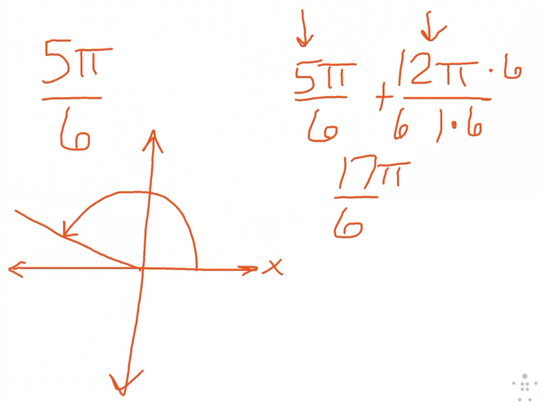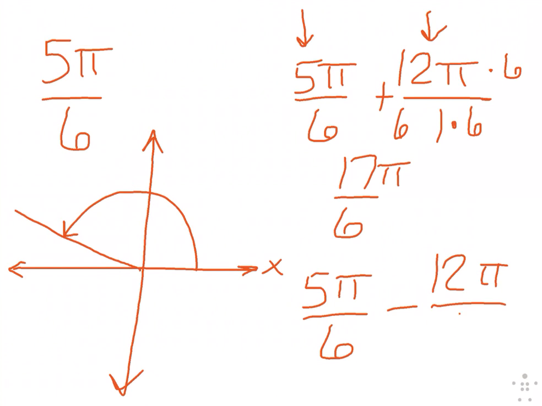Now, if I take 5 pi over 6 minus 2 pi, again, I could do the calculator. 5 divided by 6 minus 2, enter, and then frac it. Or, you already know what the common denominator was. You told me that. What's 5 minus 12? Negative 7 over 6. Did you give me one positive and one negative? Yes, you did. That's all you need to do.